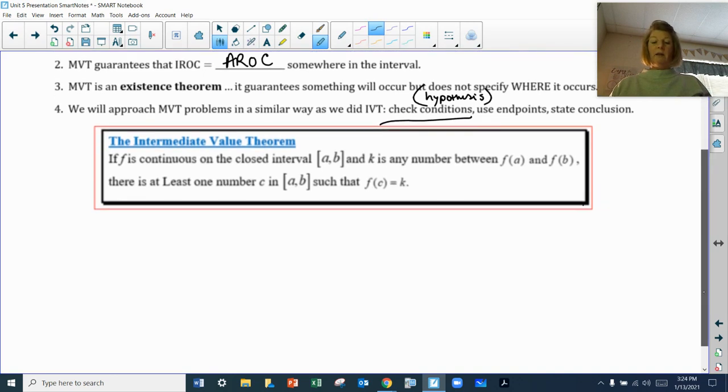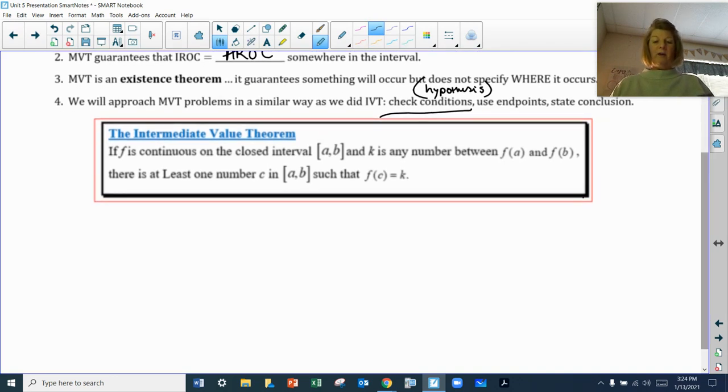So just a little reminder about what the intermediate value theorem was, because it's very easy to get intermediate value theorem confused with mean value theorem. If f is continuous, notice it doesn't have to be differentiable, on the closed interval, there's some y value k that sits between f of a and f of b, or a y1 and a y2 value. That k sits between them.